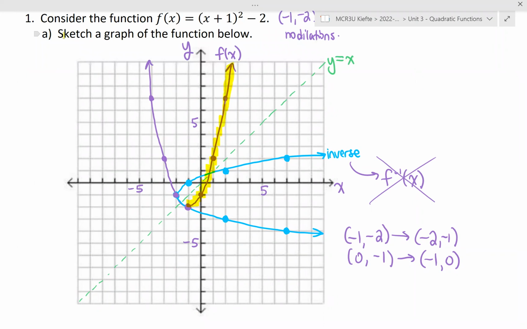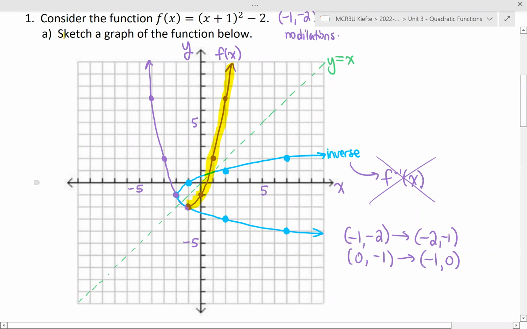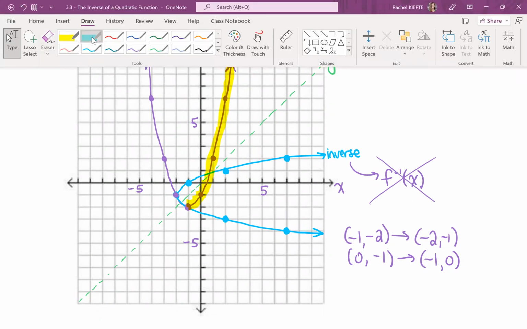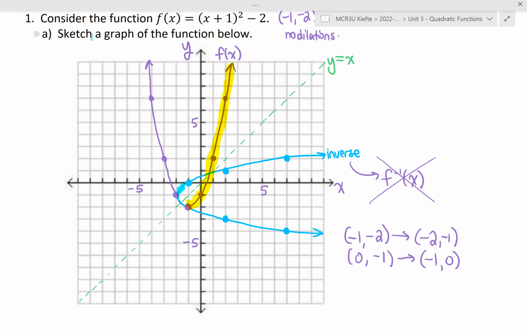Why we pick this part here is really because it's generally the most relevant in real world situations. And the inverse of that would correspond to this part right here. So that would be the positive square root.